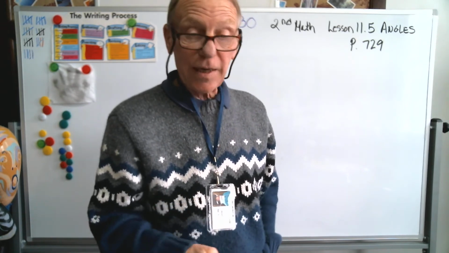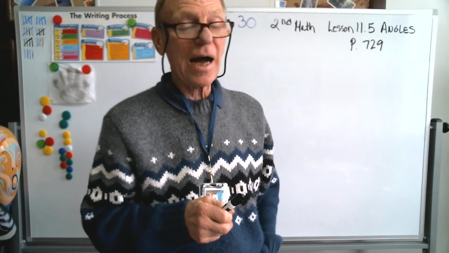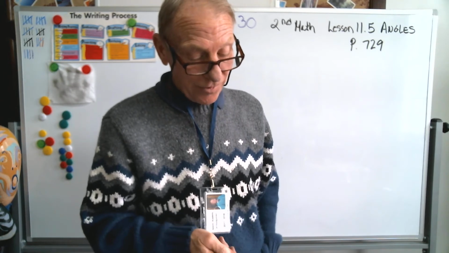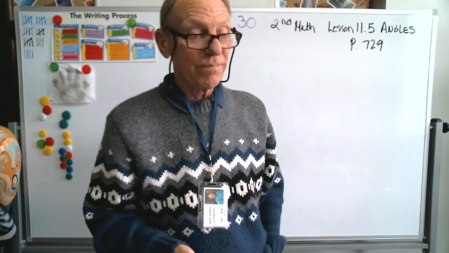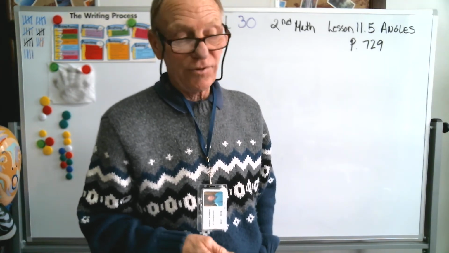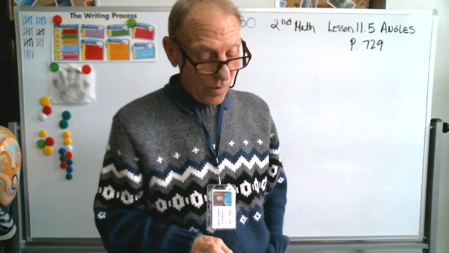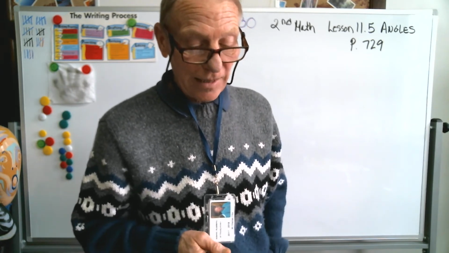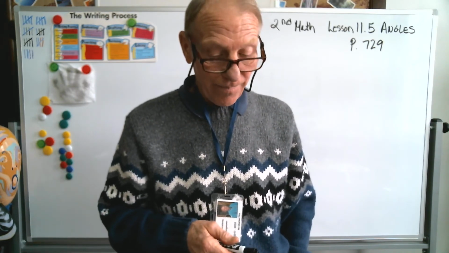The second one is a very traditional looking pentagon where all 5 sides are the same. The third one is a quadrilateral. It's only got 4 sides, so that's no-go. The last one, 1, 2, 3, 4, 5 sides. That's a pentagon and it has 5 angles.